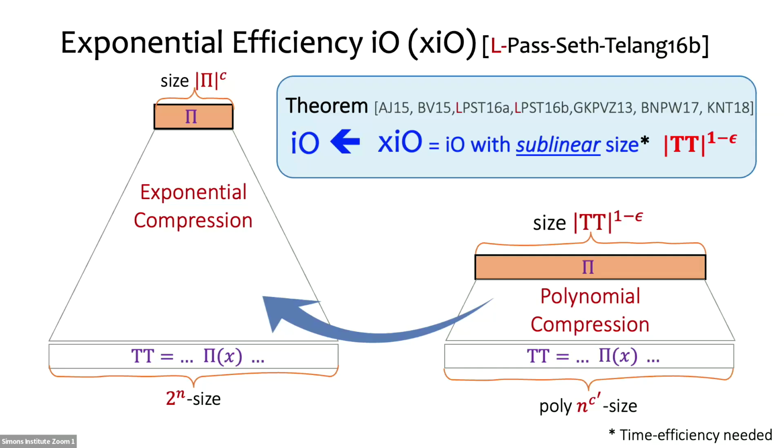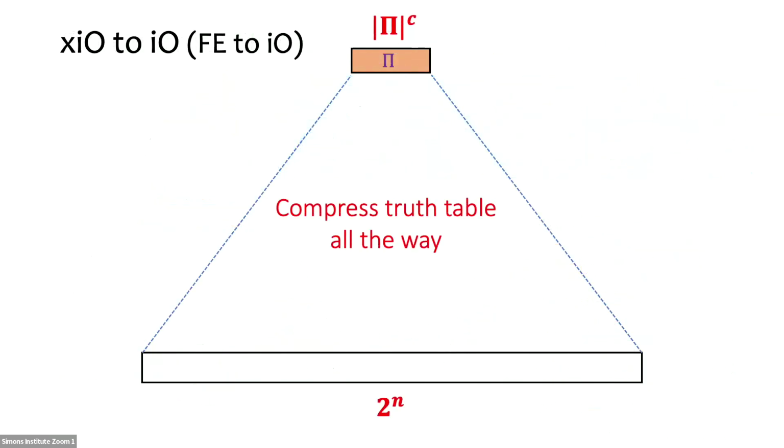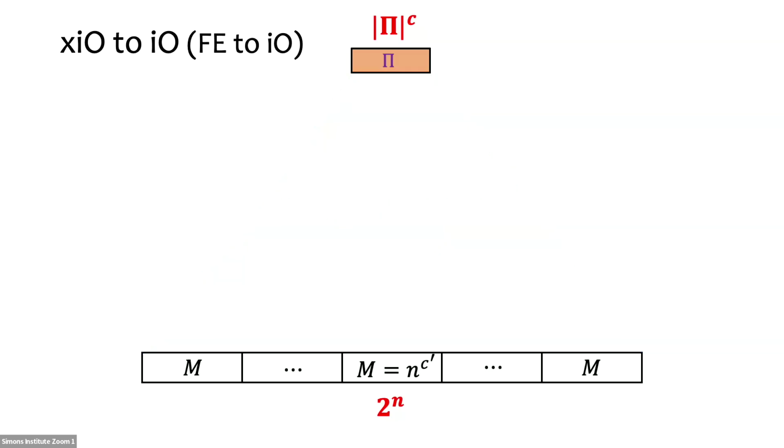And this may seem very, very powerful, but it turns out the idea is simple and what we are familiar with. The high-level idea behind the transformation, which is the idea behind the functional encryption to IO transformation, is that I can view this gigantic exponential-sized truth table as a collection of tiny polynomial-sized truth tables.